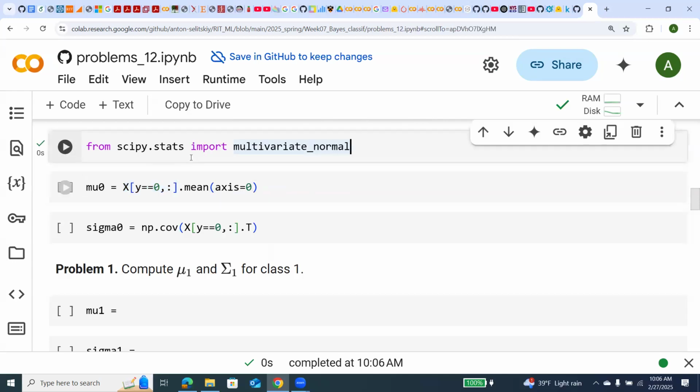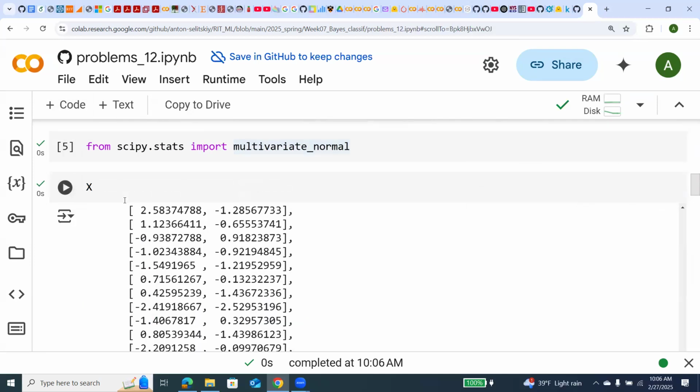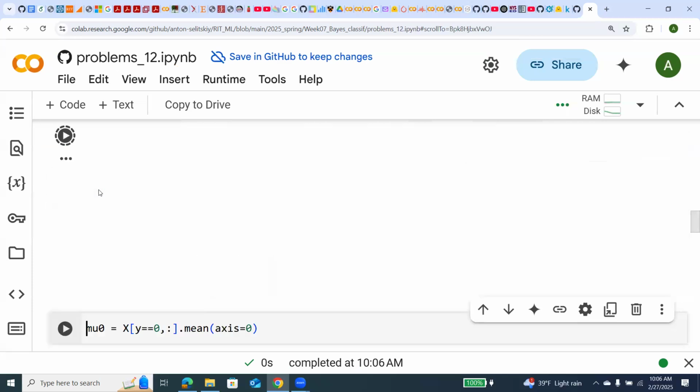So y equals 0 is the array of true false.